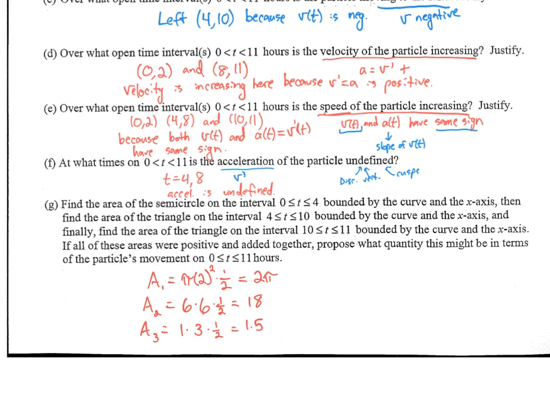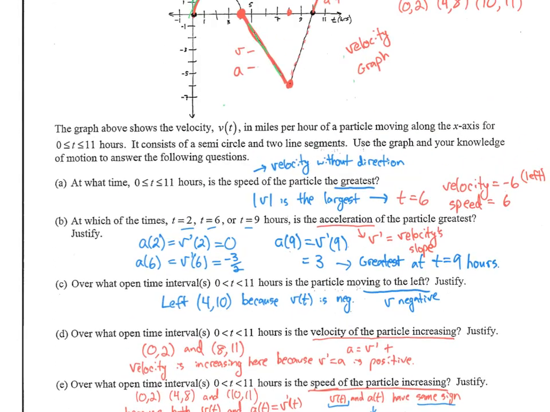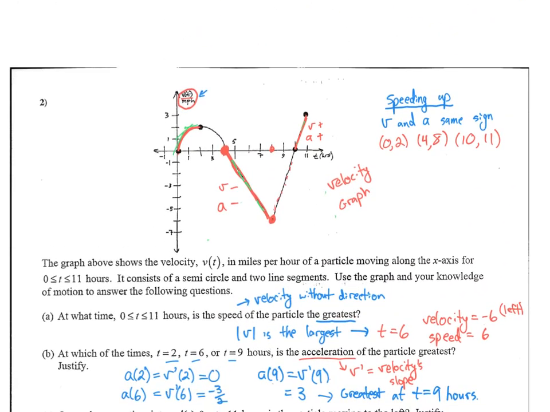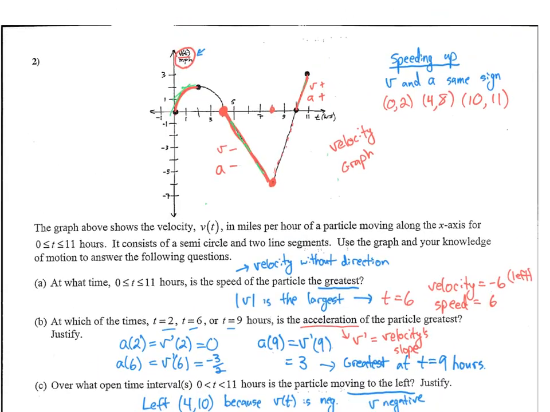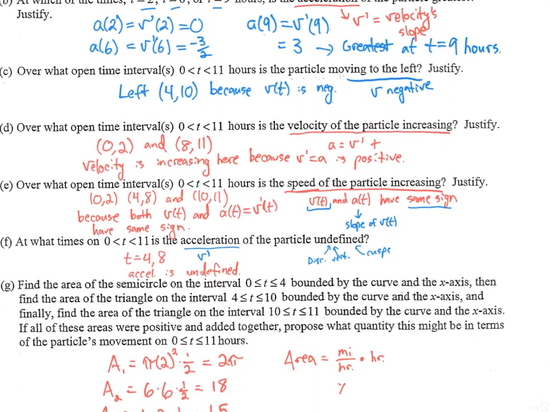Now, with each of these, what we are basically doing is multiplying two different quantities. In order to find area, we're multiplying the quantity on the y-axis, which is measured in miles per hour, by the quantity on the t-axis, or the x-axis, which was measured in hours. Remember, this graph is a velocity versus time graph, so the y's are measured in miles per hour, and the t's are measured in hours.